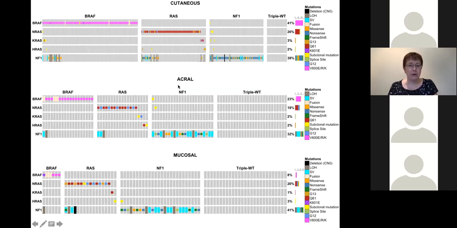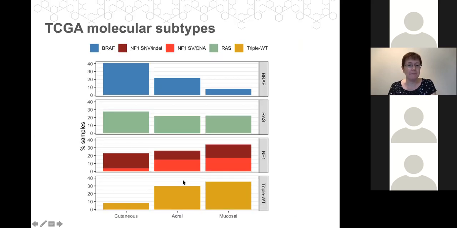We also categorized our acrals and mucosals based on these molecular subtypes, and you can see the proportions are quite different when compared with cutaneous melanoma. This compares the percentage of samples in these various subtypes. Mucosals have relatively few BRAF mutations, and it's most common in the cutaneous.